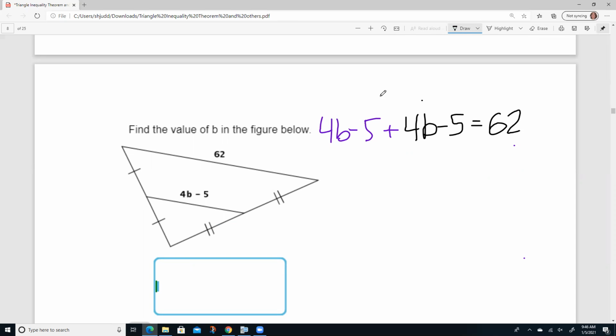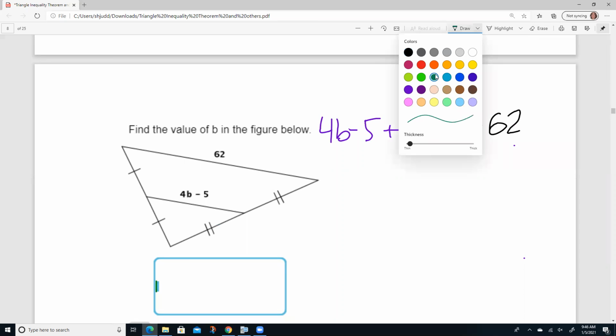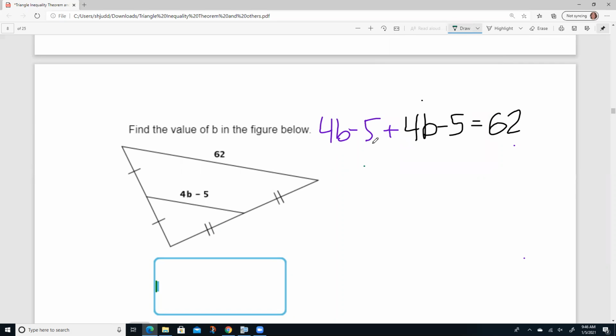So what I'm going to do here is I'm going to go ahead and combine like terms. And 4b plus 4b is 8b. And minus 5 plus minus 5 is negative 10. Equals 62.